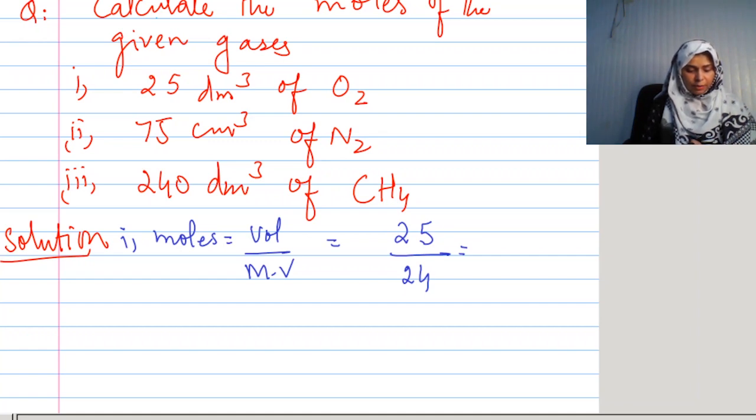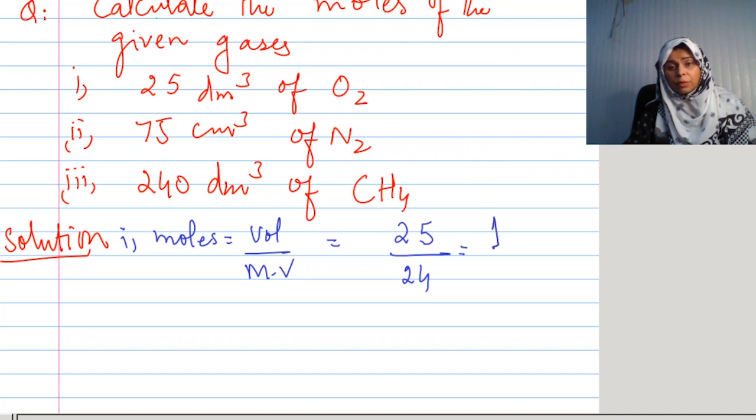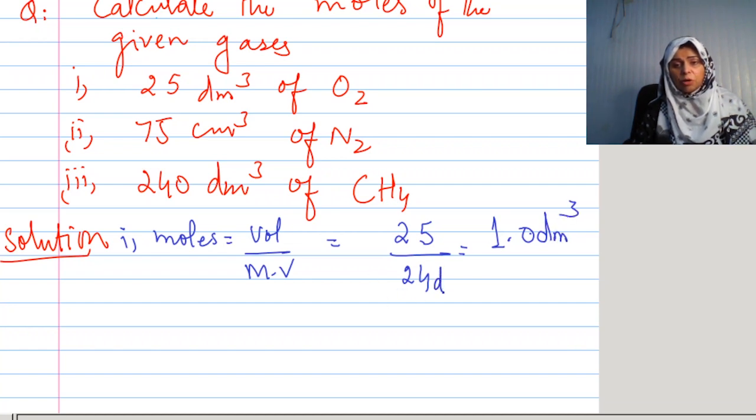The answer will be very simple, 1.0 decimeter cube. We have taken 24 decimeter cube, so we will write the answer in decimeter cube.